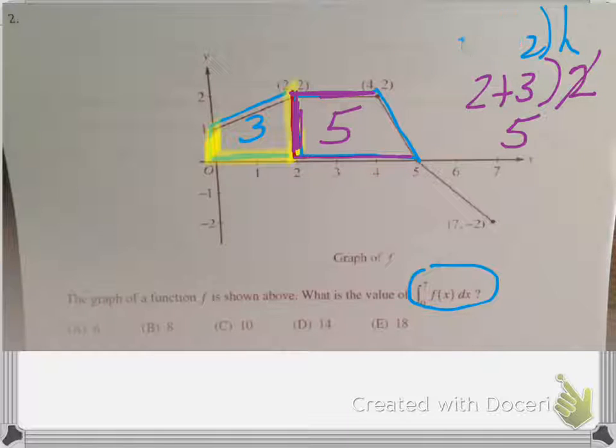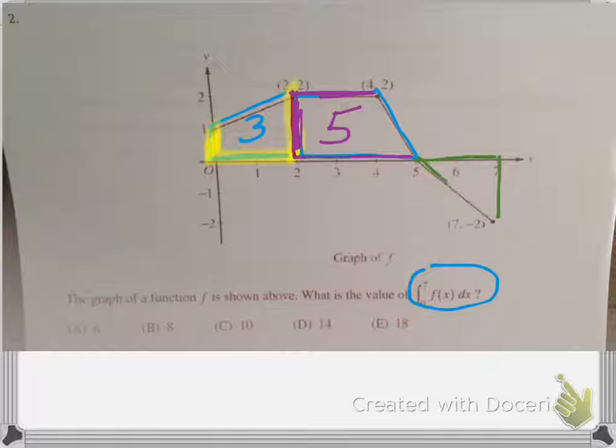Okay, we have one more to go. Maybe we'll do a green. Okay. So now we have this triangle right here. And the formula is 1/2 base times height. And for this one, this is my base right there. That's equal to 2.